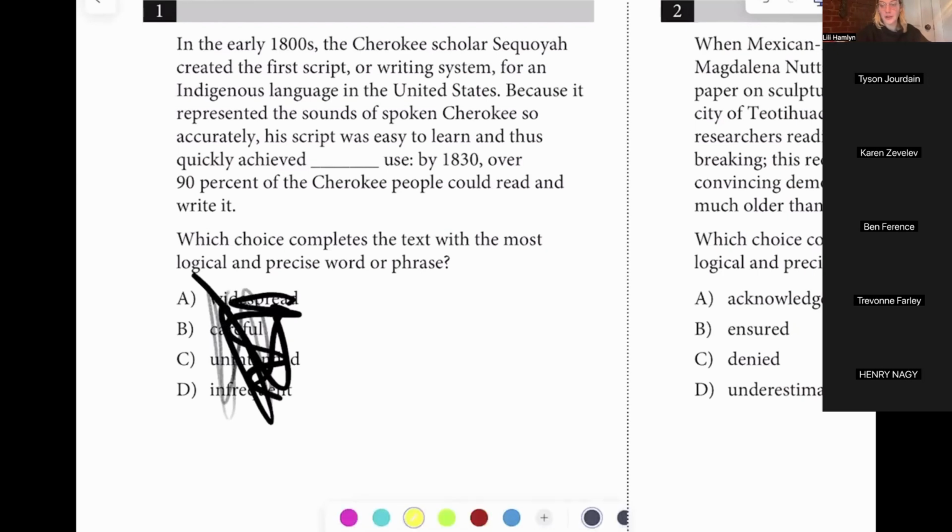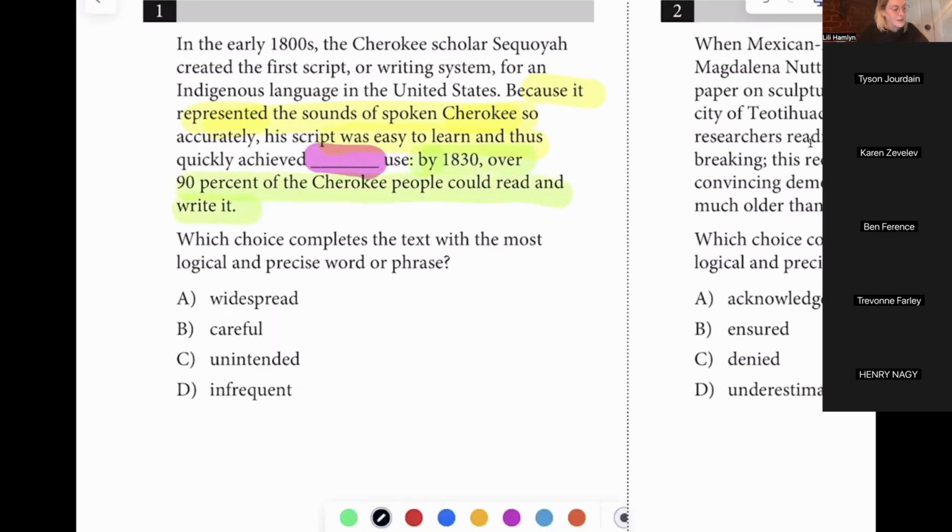So here with question 1, I think a lot of you are right. If we approach this one, for me, the context clues would be because it represented the sounds of spoken Cherokee, so it was easy to learn and quickly achieved something used. And then I think the real clue here is that by 1830, over 90% of the Cherokee people could read and write it.